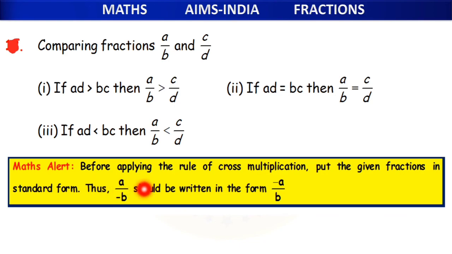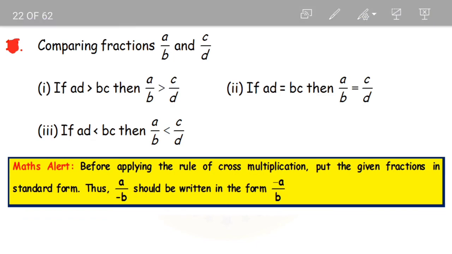And alert: before applying the rule of cross multiplication, put the given fractions in the standard form. Thus, a by minus b should be written in the form minus a by b. We've learnt about integers already, right?